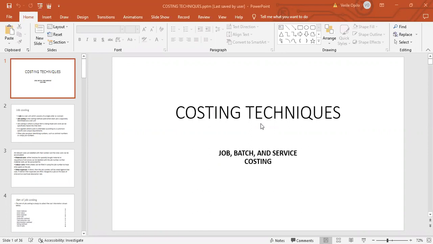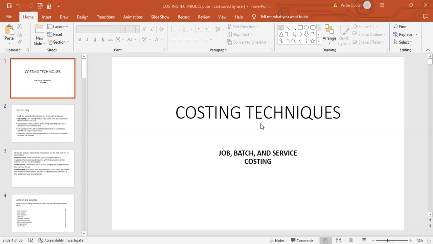Some of them comprise job costing. So we shall look at job costing, batch costing, contract costing, and then we shall also look at unit costing and service costing in this unit. So what are costing techniques and what do they entail?